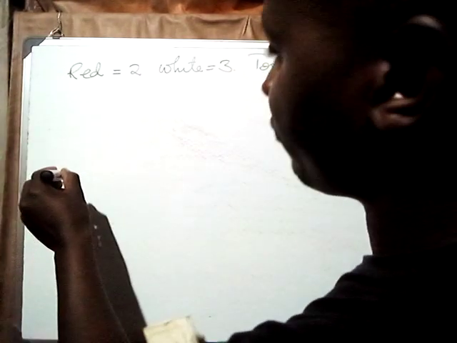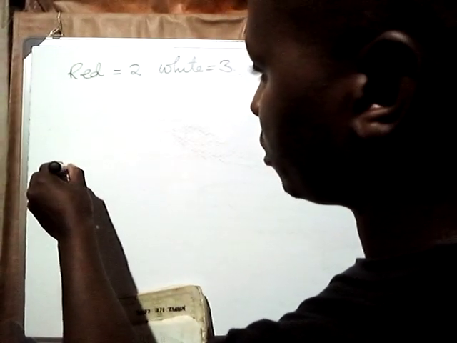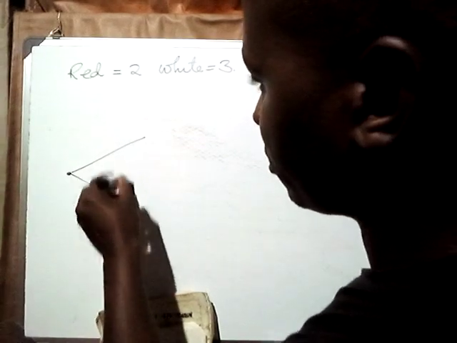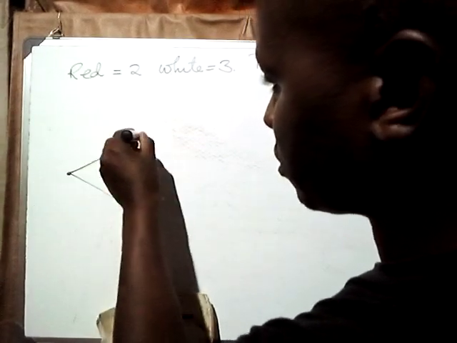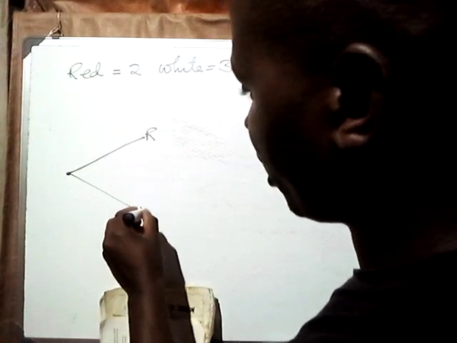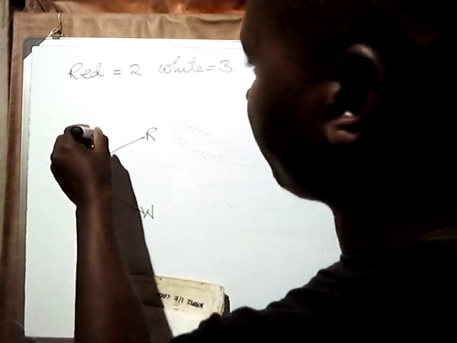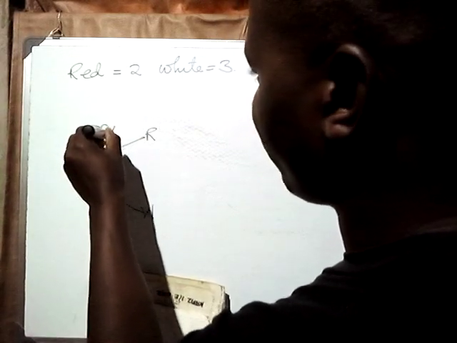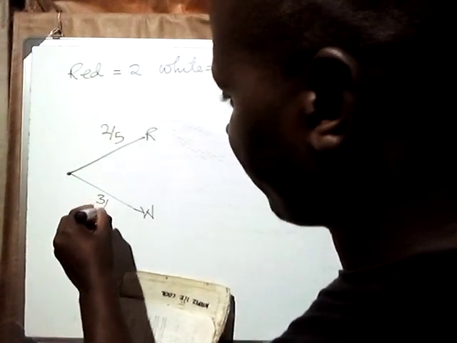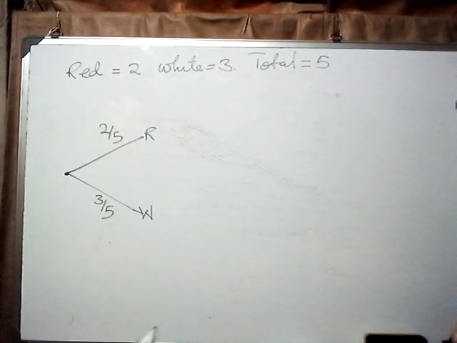We are going to have the starting point, then the red branch and the white branch. For the red, we write 2/5. For the white, we write 3/5. So this is the first event.